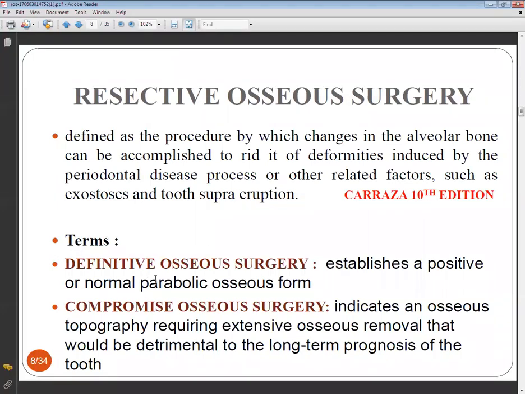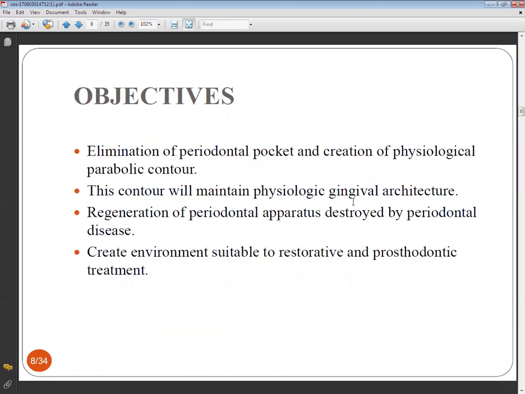Definitive means you know how much amount of bone should be removed to get a positive architecture, so a definite amount of bone should be removed. Compromise osseous surgery means to get a positive architecture, a maximum amount of supporting bone is compromised, even though knowing that it will affect your long-term prognosis. That is what we call a compromise osseous surgery.